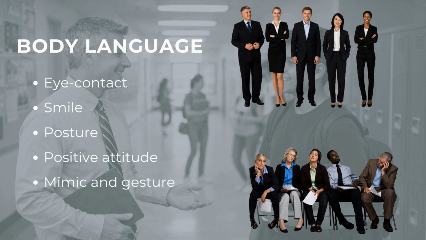The body language, the posture of the people in the bottom photo, they don't look like they're interested in talking to you. They don't even look like they had a good day. Keep in mind that a positive attitude, which includes all of the above, is very important when you communicate with somebody.